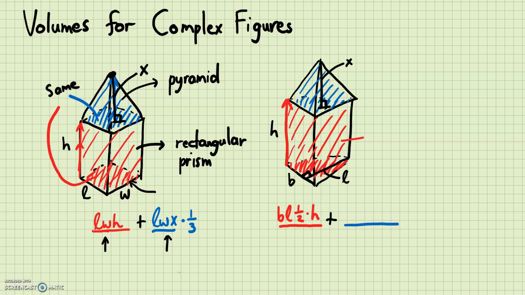What's the volume of the pyramid? You get the area of the base again. Since the bases are the same, we can just use the same base again. So B times L times 1/2, and you're multiplying that times X. That's the height of this pyramid. But because it's a pyramid, you need to multiply by 1/3 or divide by 3.